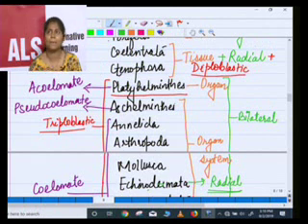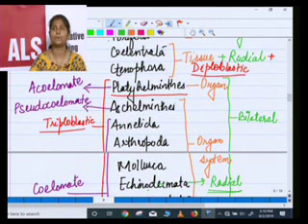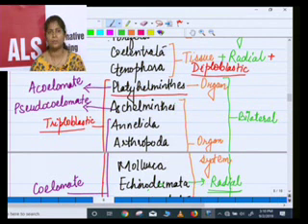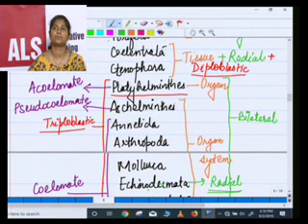Clear to everybody? Just let me know if it is clear. All of you. Itanagar, Shillong, Senapati. Is it clear? Okay.